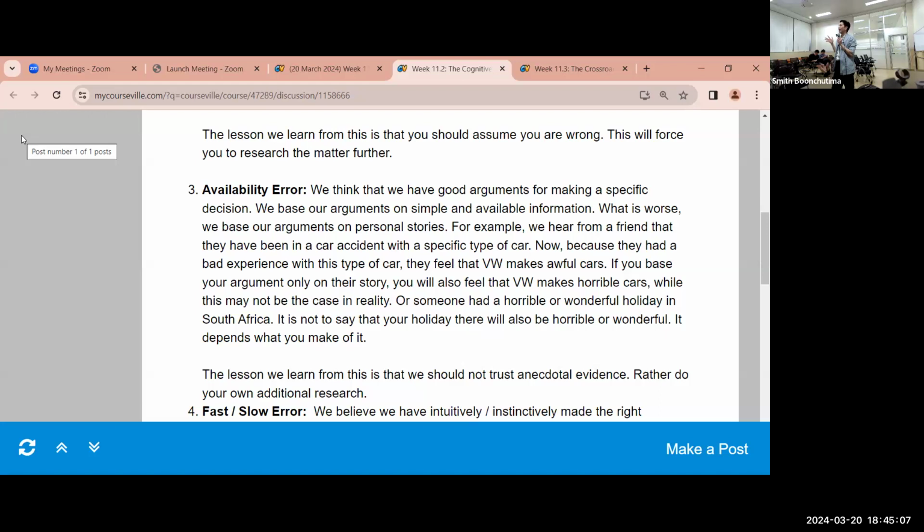You have to adjust one of the two so that they are in line. If you are working in a company that doesn't value equality, you either leave for another company, or you have to change your mind that equality is not that important so that you can stay working in the company.